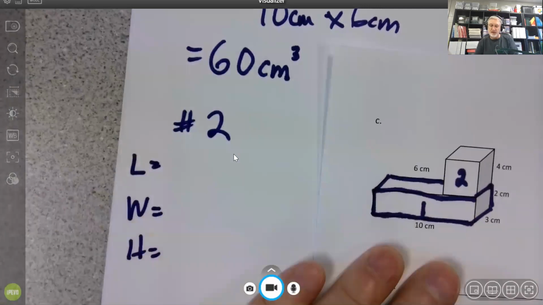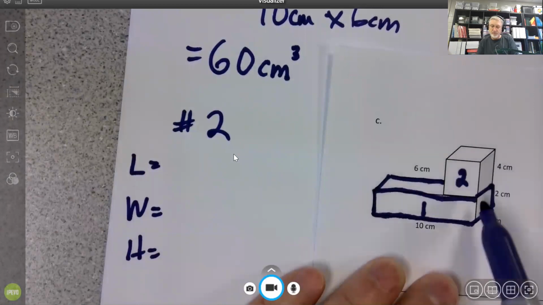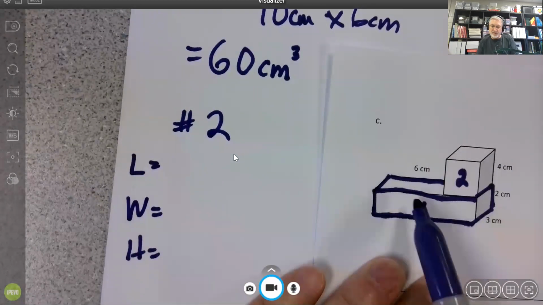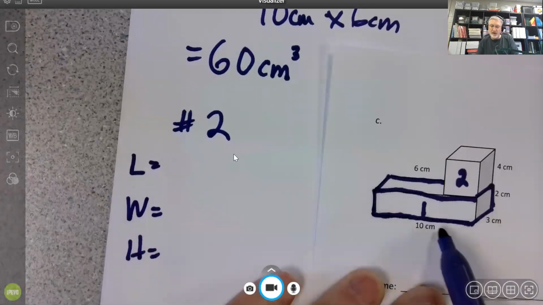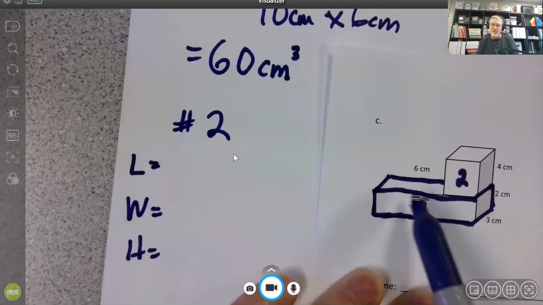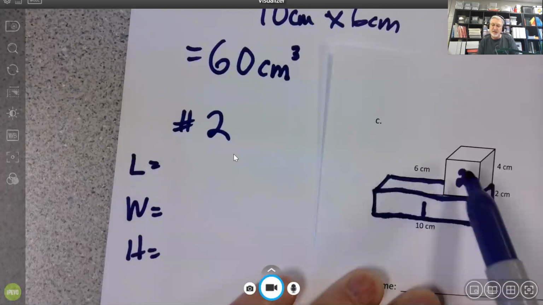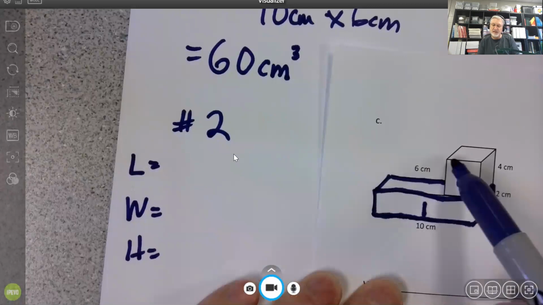So my length here, it says this whole thing here is 10 in the front, but the back says it's only 6 because of this shape. So I have to figure out what this is.